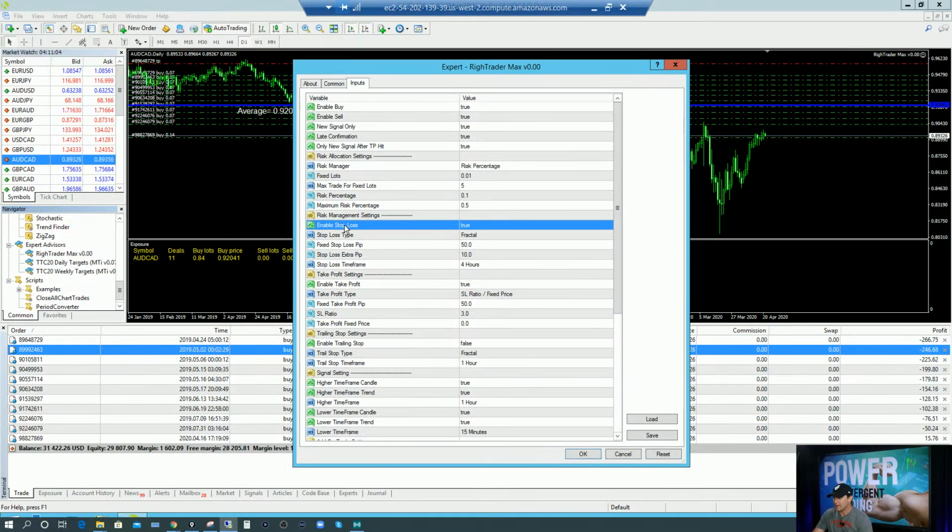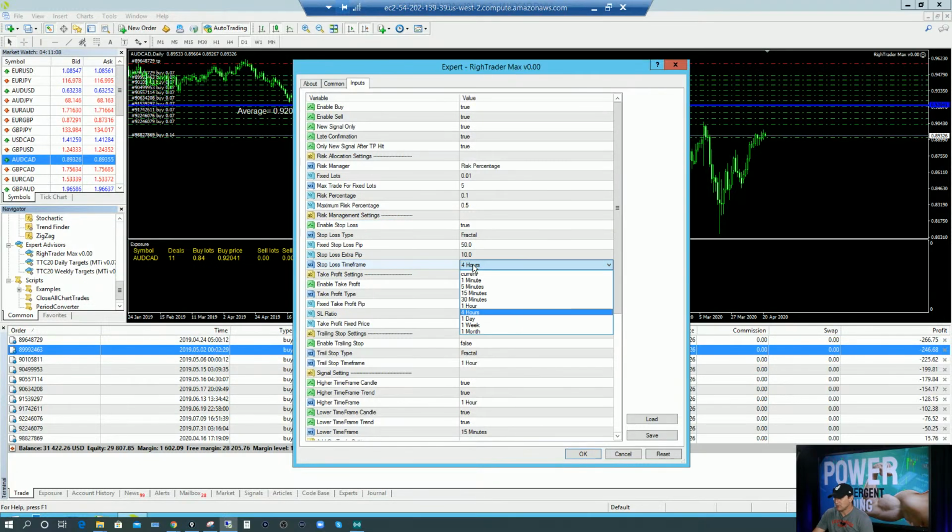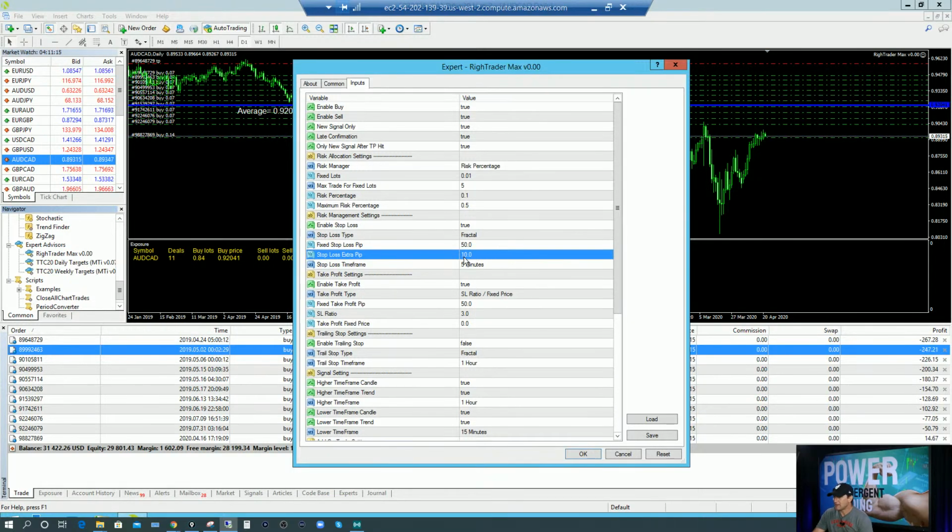Let's go with stop loss. Yes, I want to go with the stop loss, but I want to use the stop loss on a 5-minute time frame. Keep it very tight. I'm going to add 10 pips to that 5-minute. So 10 pips above that.